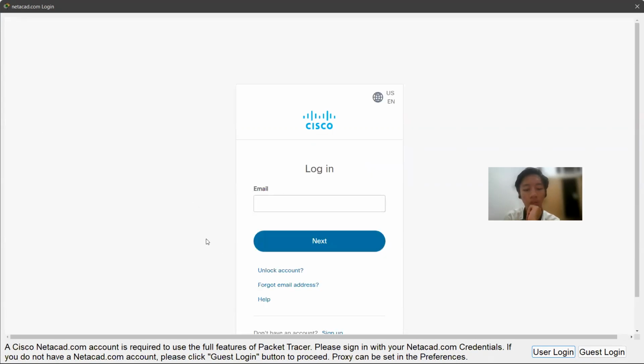If you open Cisco Packet Tracer for the first time, there is a menu like that, and you can use web login or user login. You use user login if you have an account on the Cisco website, and if you don't have an account, you can use the web login.